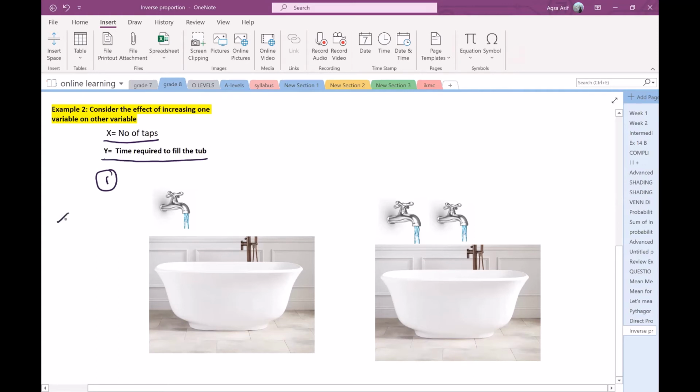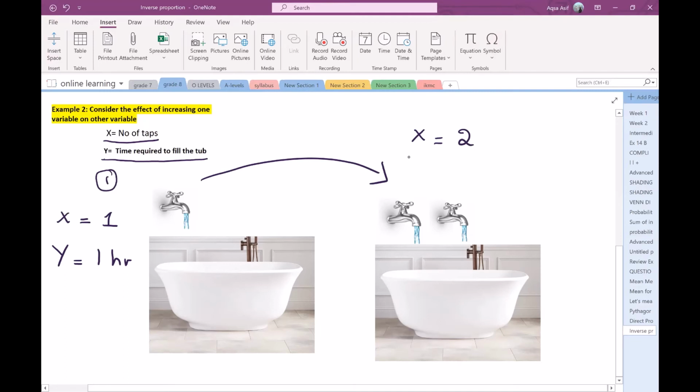So if the number of taps is 1, let's suppose the time required to fill the tub is 1 hour. Now let's consider another situation where X is doubled. There are 2 taps. Instead of 1 tap, there are 2 taps.